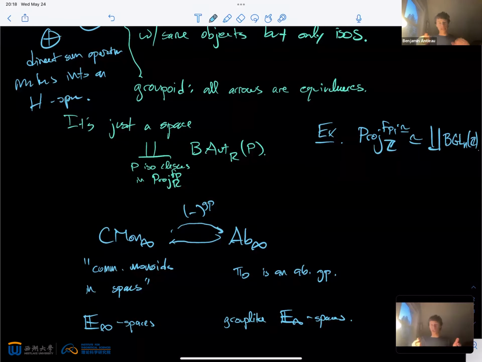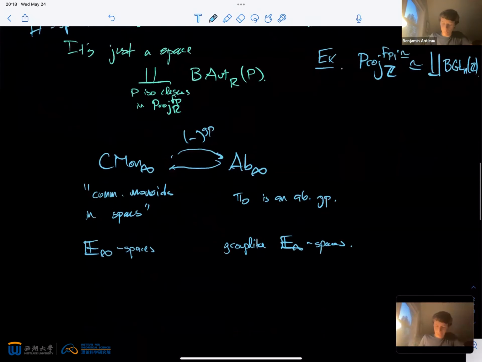It exists for formal reasons, and it just formally takes the universal space where you've now added inverses to all of the elements in pi 0.